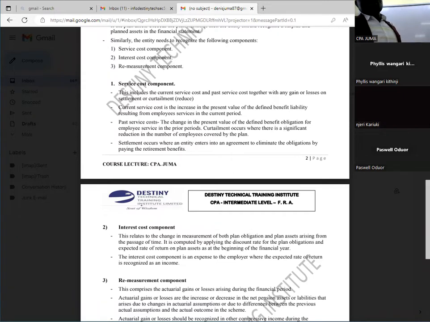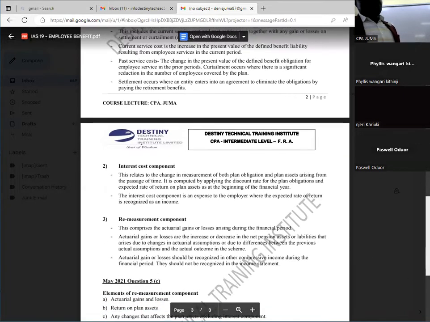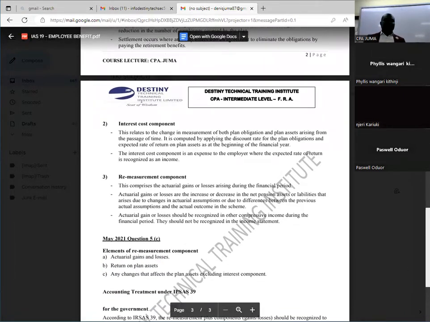So service cost component majorly is the current service cost for what was provided this year, which you have to incur in relation to that. Past service cost is for whatever was incurred in the previous years, but you need to adjust in the current period. We have the interest cost component. This relates to the change in measurement of both plan obligation and plan assets arising from the passage of time.